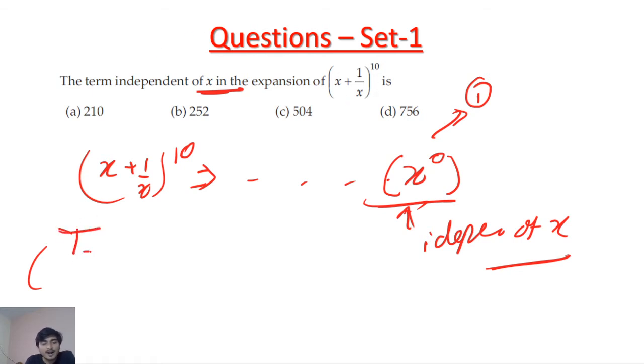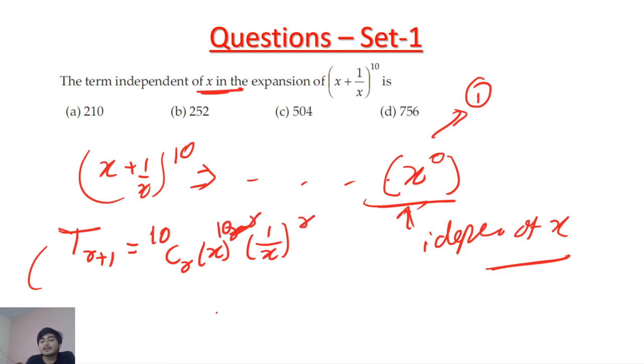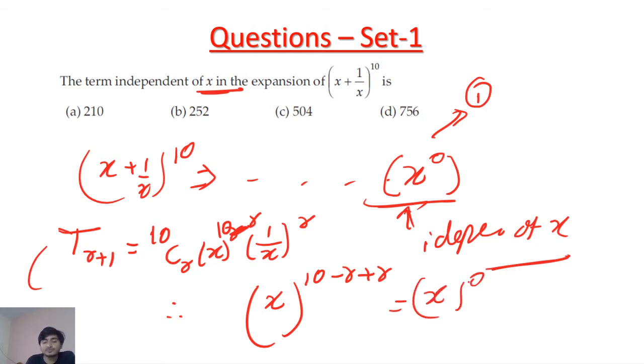See, T(r+1), if I am expanding, what will be this? 10Cr into x to power 10 minus r and 1 by x to power r. So this should total to how much? x to power 10 minus r plus r is equal to x to power 0, right?